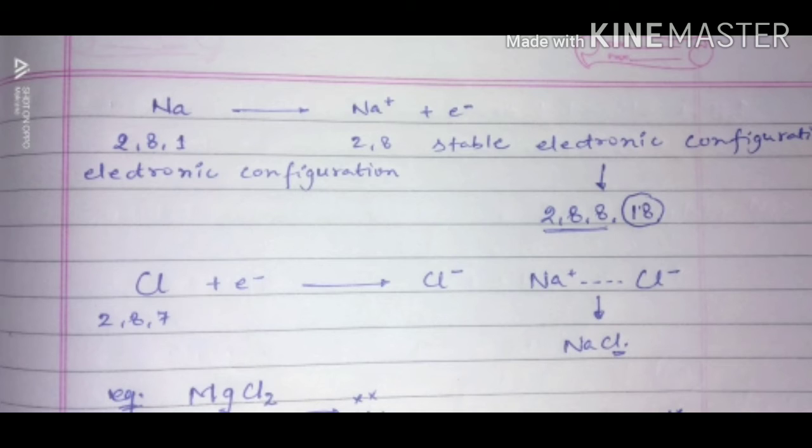Its configuration will become 2, 8. Now the chlorine. Chlorine has the configuration 2, 8, 7 according to atomic number 17. So it will gain one electron and form the chloride ion. Now the chloride ion has the configuration 2, 8, 8, the electronic configuration of argon.